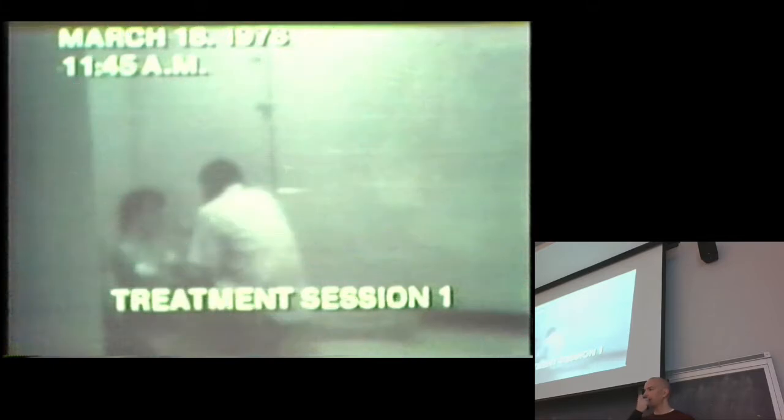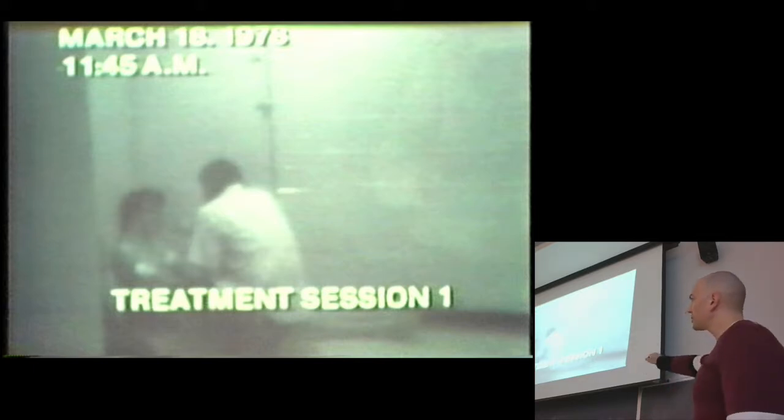Then they started their treatment. The treatment was that they would ask a task of Harry. If Harry self-abused, he would still be required to complete that task. That's the extinction paradigm. And also they had differential reinforcement of other behavior, so he could earn back his restraints by counting to 100. He would get praise for catching the ball.